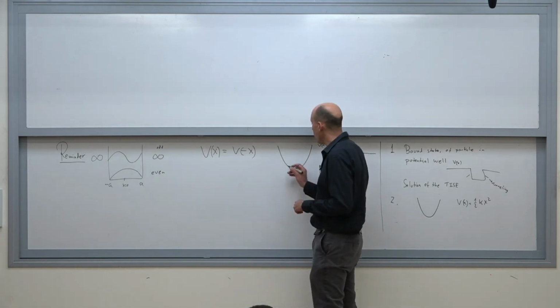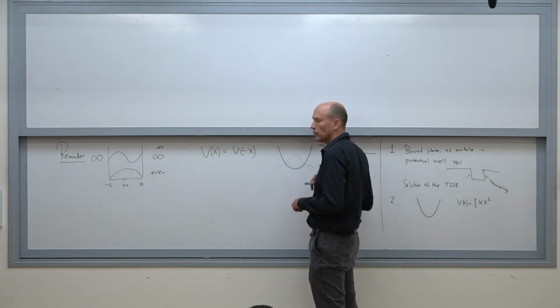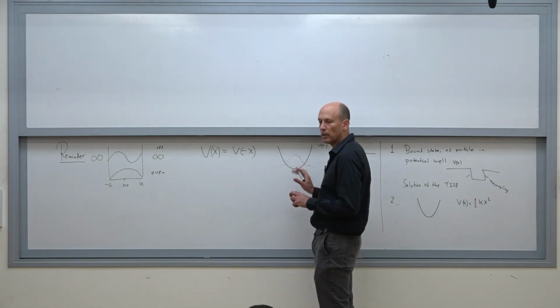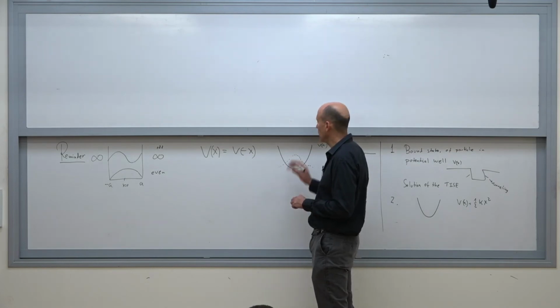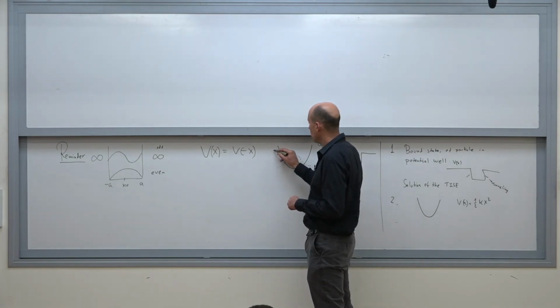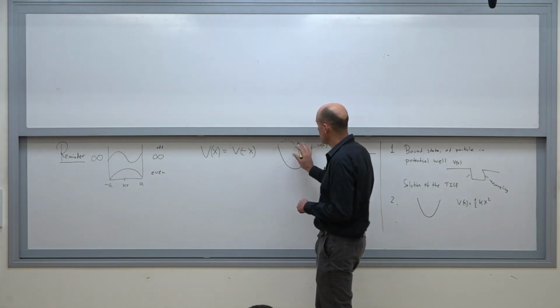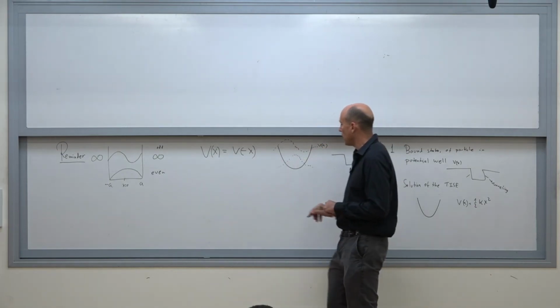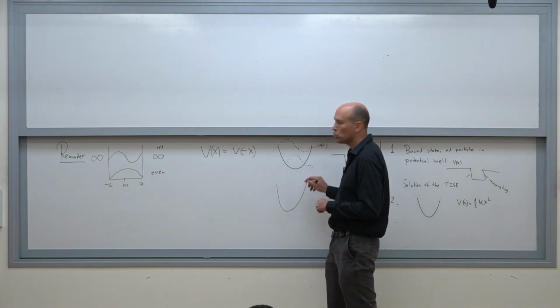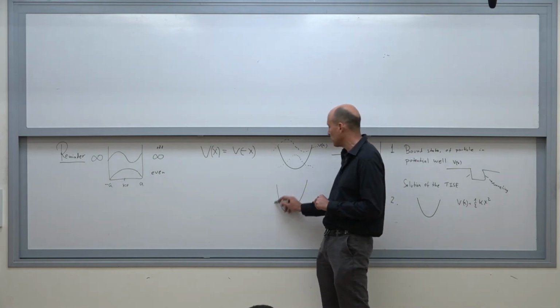Then I already know that this function is possible. This is a good candidate if I can prove that even solutions exist. But if someone comes and says, okay, the solution of the time-independent Schrödinger equation looks something like this.